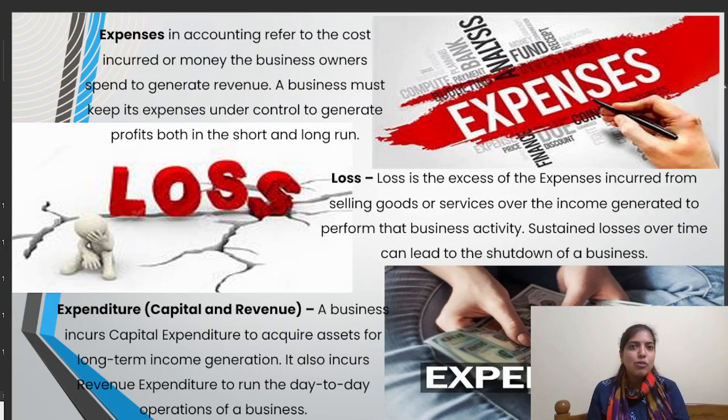If we are talking about any major expense on a large scale, that becomes our expenditure. If we are putting out any cost to purchase any long-term asset, it becomes capital expenditure. And if we are putting out a large amount of cash to run the day-to-day operations of the business, it becomes our revenue expenditure.